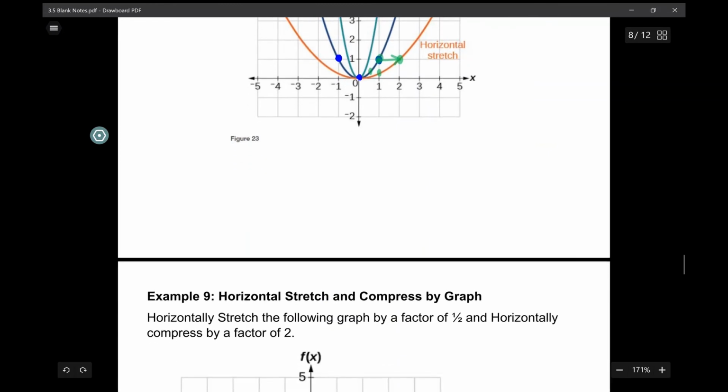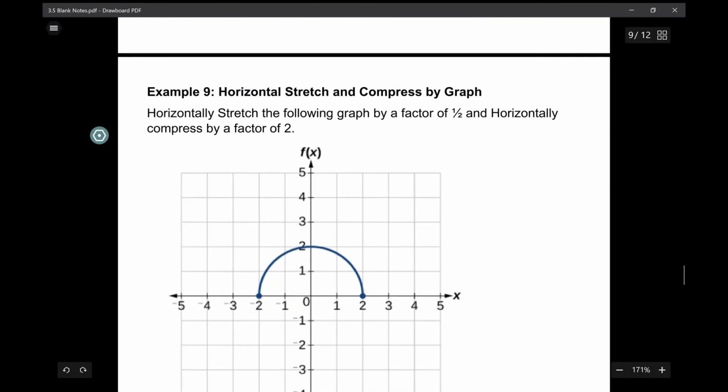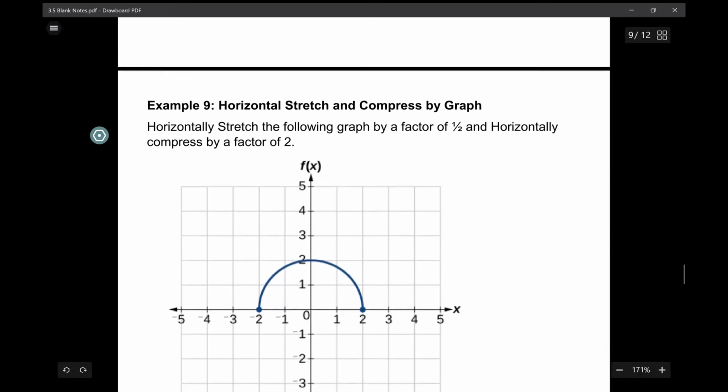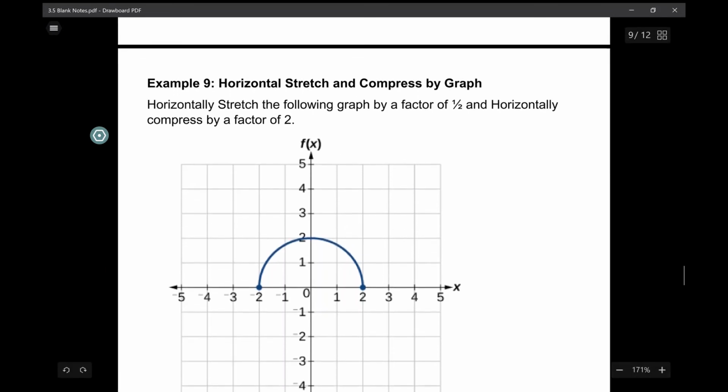Let's look at an example, see if we can get this to work out. Let's look at this graph and let's stretch it by a factor of 1/2 and compress it by a factor of 2. So a horizontal stretch of the following graph by a factor of 1/2 would be f of 1/2 x.